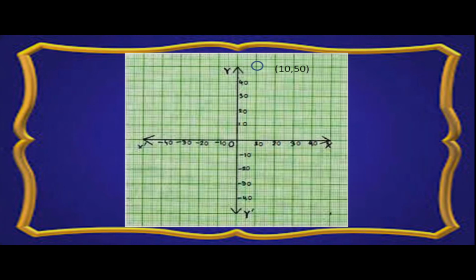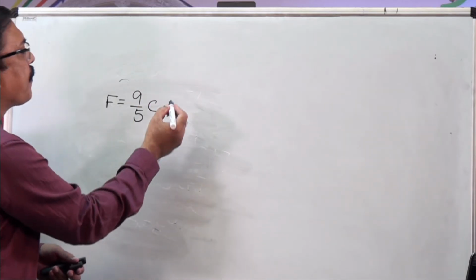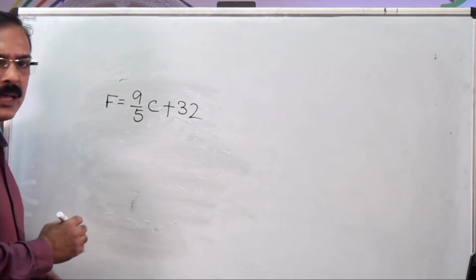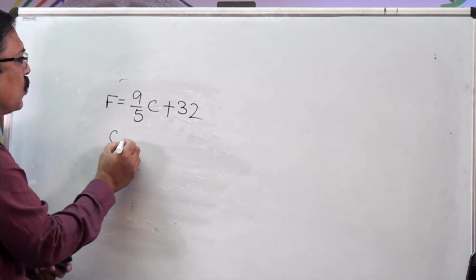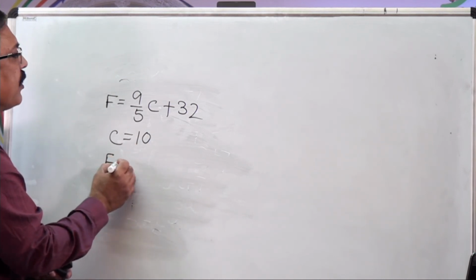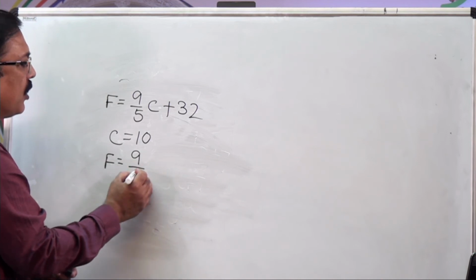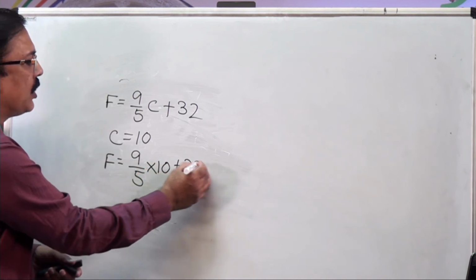As you know, here we can have a point (10, 50). Let's see whether F is equal to 9 by 5 C plus 32. If we put the value of C as 10, then what is F? F is equal to 9 by 5 into 10 plus 32.